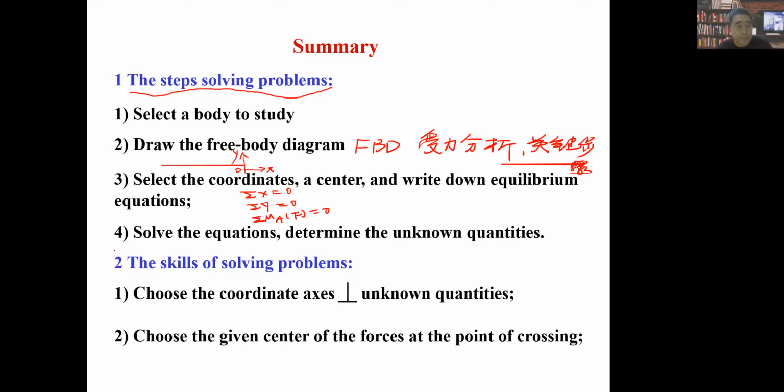And then solve the equations to determine the unknown quantities. If we are lucky enough, the number of equations is equal to the number of unknowns, so we can just use the equations to find the answers. And the second is the skills of solving problems: choose coordinate axes perpendicular to unknown quantities and choose the center at the point where forces cross.